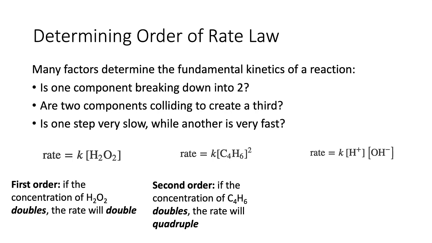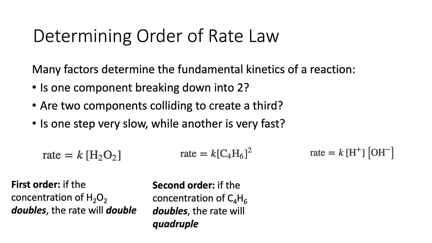In this second example, we have what we'll call a second order reaction, and this is most likely what occurs when we need two of these particles to collide with each other in order for the reaction to move forward. From a microscopic perspective, reactions do have to have some way that the molecules combine in order to proceed forward.